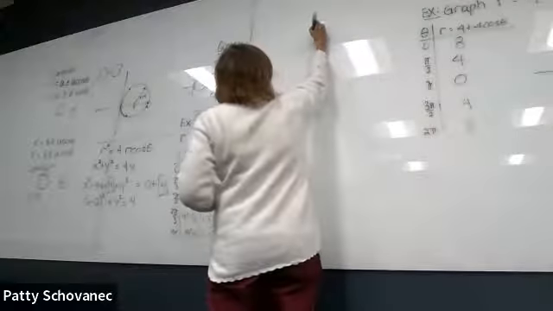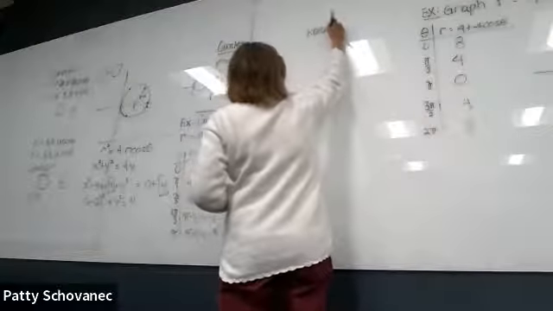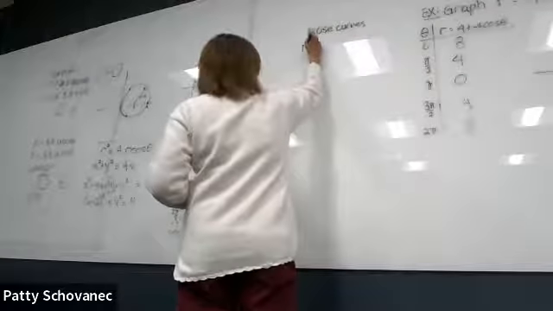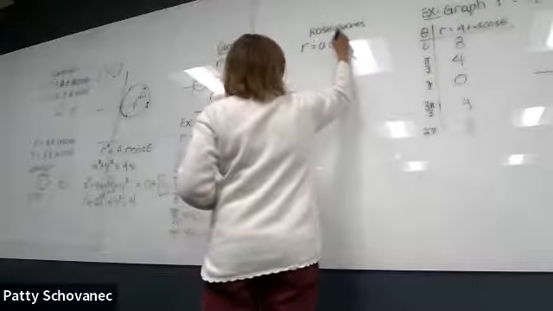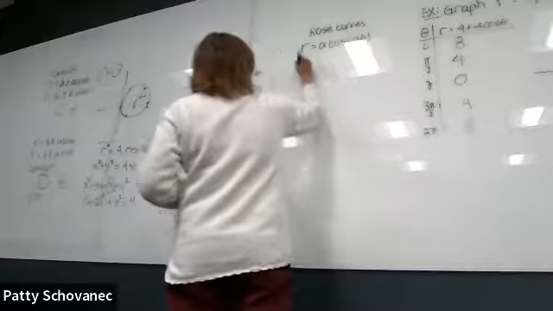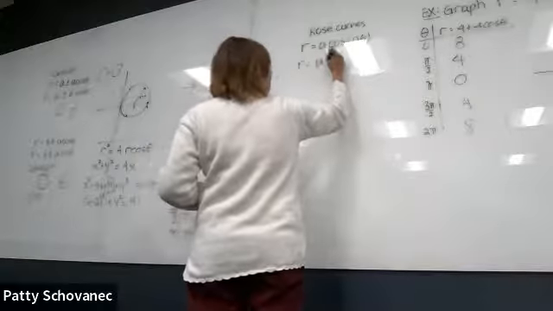If the equation looks like r is equal to a times the cosine of some number times theta, or the same version with the sine.